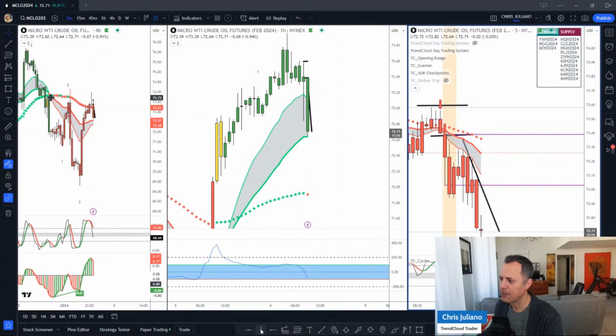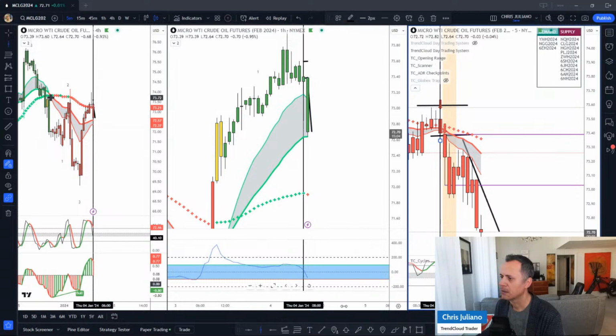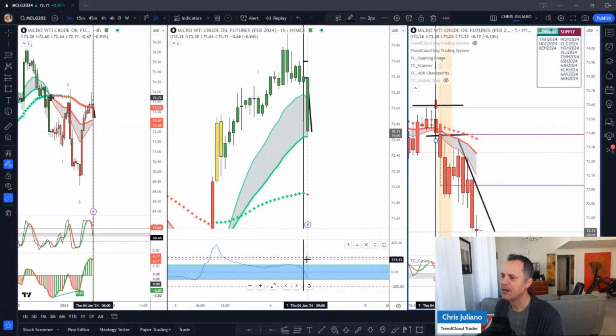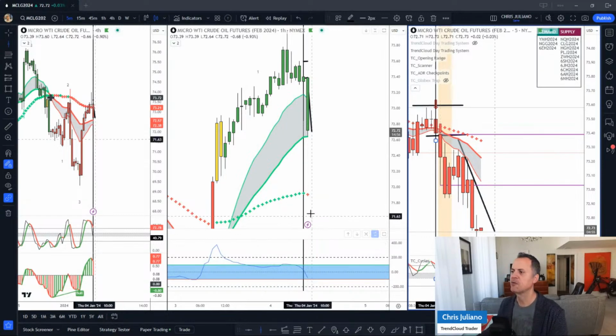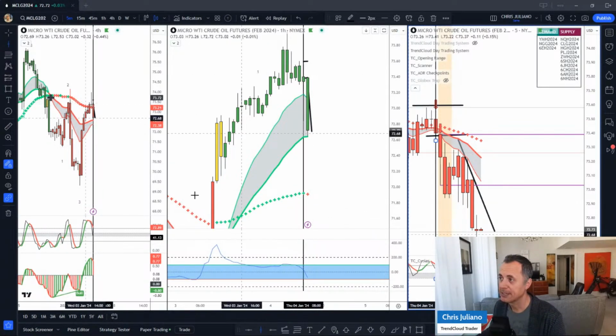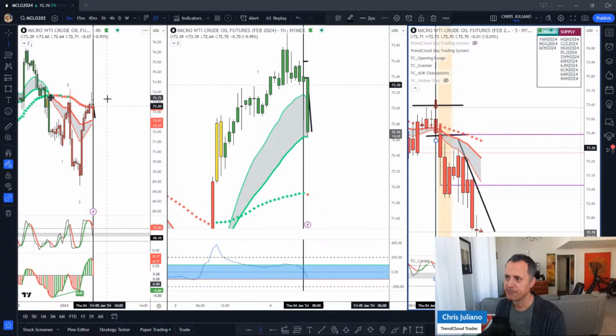Let's get that vertical axis. You can see how momentum was still up on the middle time frame, and trend is up on the middle time frame as well. So we've got momentum against us, but we've got momentum with us on the highest time frame.